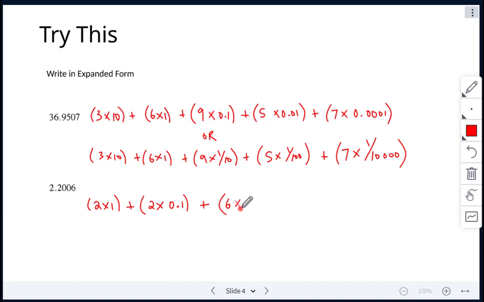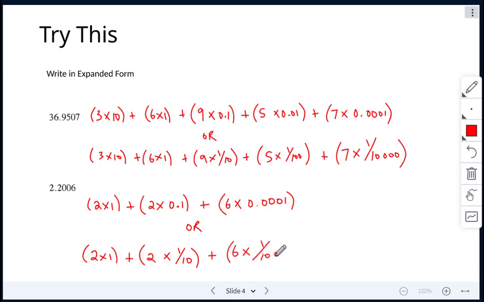And that 6 is in the 10,000ths position. So 6 times 0.0001. If you wrote that using fractions, we have 2 times 1 plus 2 times 1 over 10 plus 6 times 1 over 10,000.